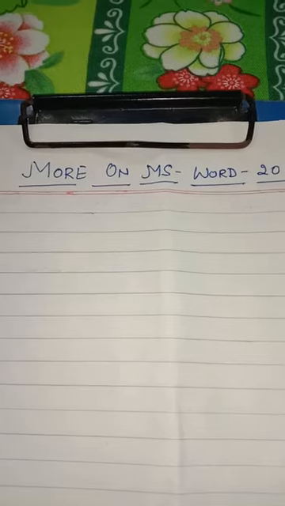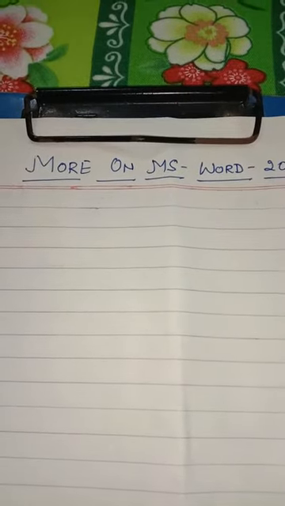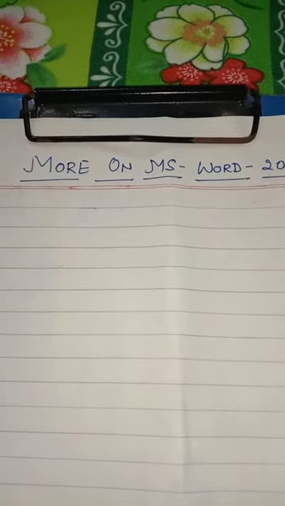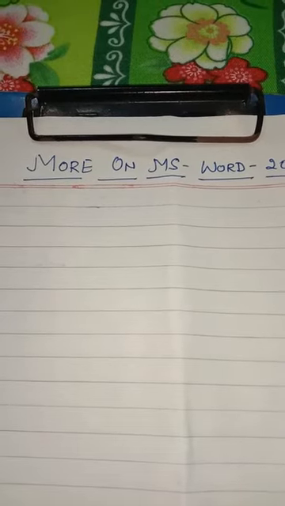inserting word art, what is word art, how to apply them in our document, different formatting features of word art, like changing the color of the word art, changing the outline color of the word art, applying a shadow effect to the word art, how to change the direction of the text that we have written in word art.